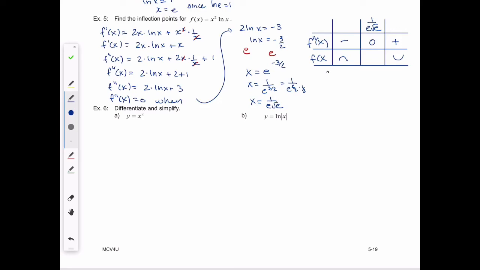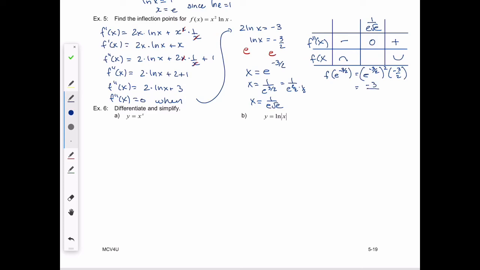So if I were to plug in f of e to the exponent negative 3 halves, what I'm going to have is e to the negative 3 over 2, all squared, times negative 3 over 2. And if we clean this all up, negative 3 stays in the top.